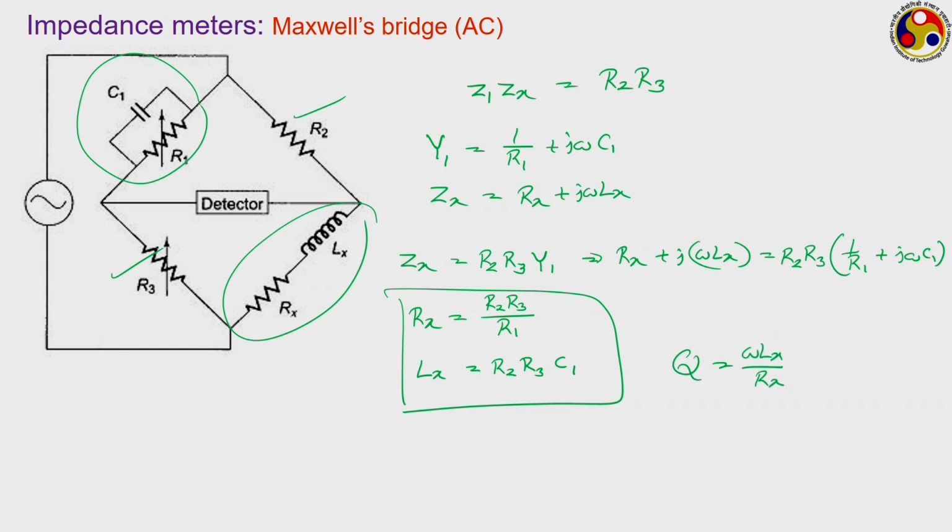This Maxwell's bridge is restricted to values of Q less than 10 only, which is quite a restrictive condition. When the situation demands a larger value of Q, we have to go for some other bridge. There the Maxwell-Wayne bridge is not used, despite being a much easier circuitry to deal with.